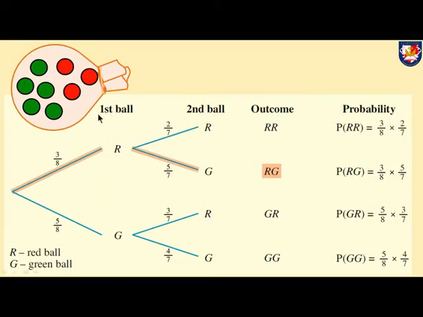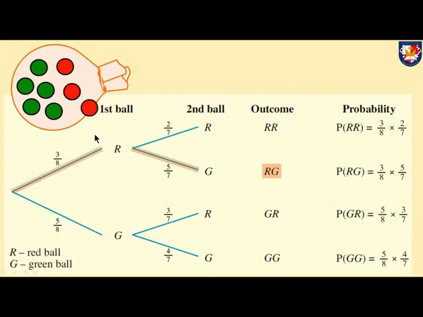If the first draw is red, that means there are 2 red ones and 5 green ones remaining. It means the probability we get another red in the second round is 2/7, or we get green in the second round is 5/7, because there are 5 green per 7 and 2 red per 7.